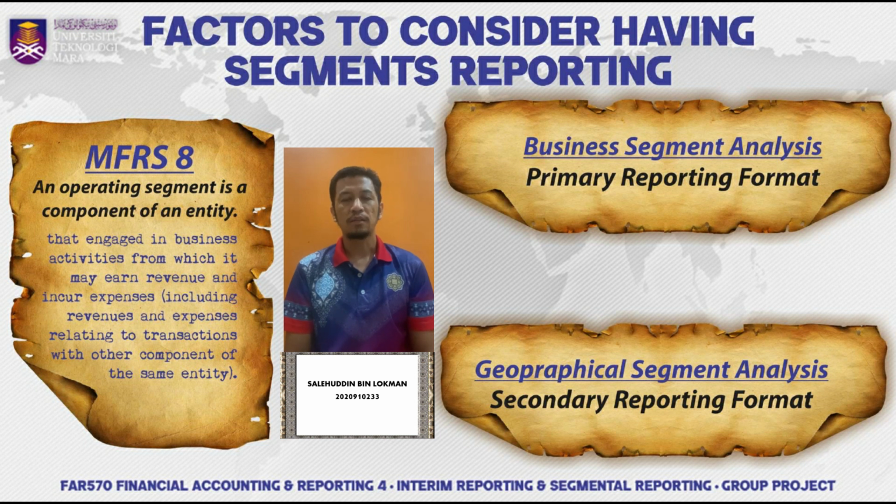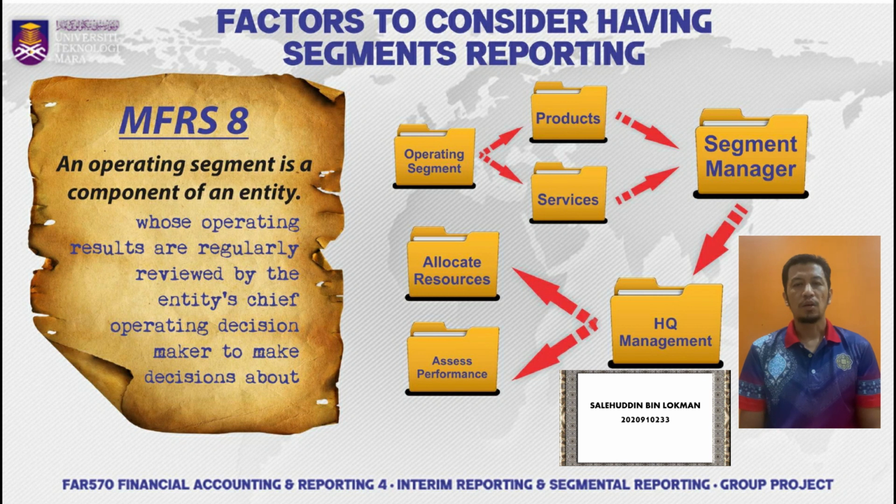Under MFRS 8 also, an operating segment is a component of an entity whose operating results are regularly reviewed by the entity's chief operating decision maker to make decisions about resources to be allocated to the segment and assess its performance.